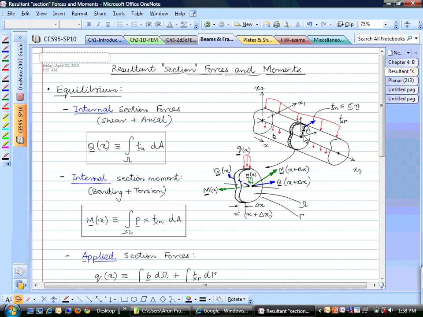But before we get there, one thing I need to tell you is that you have two adjacent rigid cross sections separated by a length delta x. At each and every point on the face of this cross section, there is going to be some traction, right? How do I find that traction?